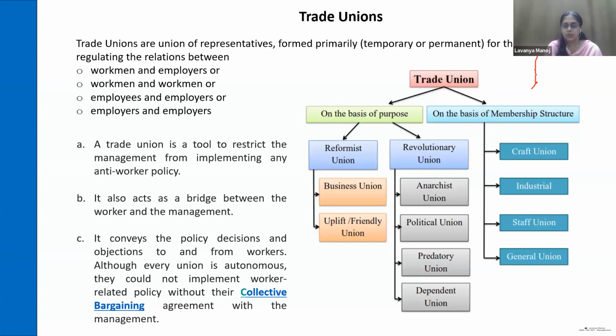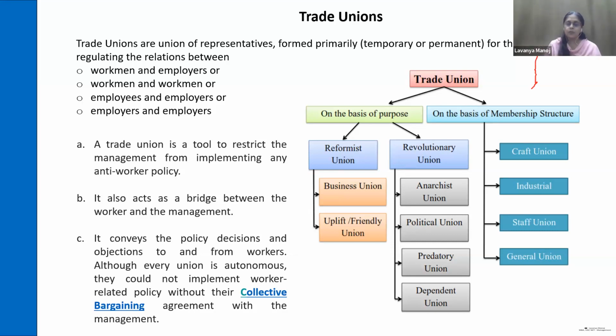And industrial unions are for one particular industry, like the coir industry, mining industry, shipping industry, logistics industry, marketing industry, or FMCG industry. For that particular industry, they have unions.